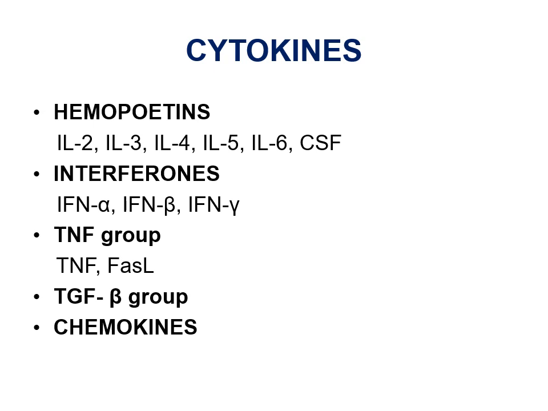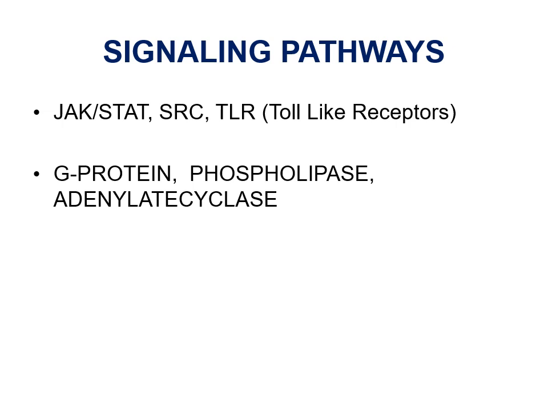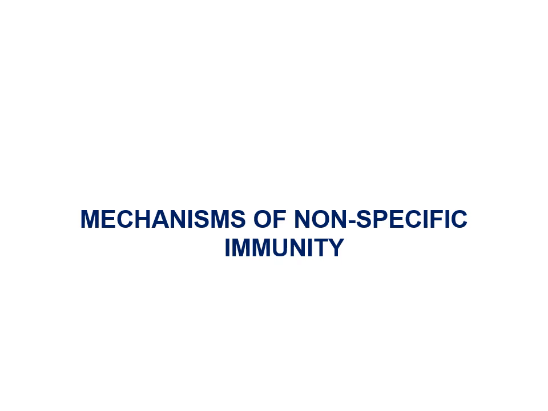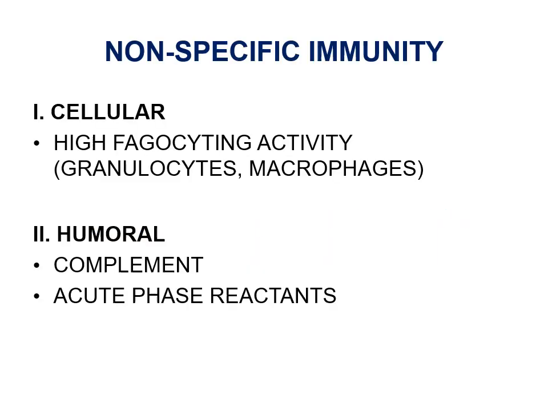Then interferons like interferon alpha, beta, gamma, tumor necrosis factor group like tumor necrosis factor and others, TGF beta, transforming growth factor beta group, and chemokines, which are actually attracting the molecules and sending the signal where they should go. Signaling pathways are JAK-STAT pathways and Toll-like receptors pathway, and usually they are coupled with G protein, phospholipase, and adenylyl cyclase. And here we have the basic mechanism of non-specific immunity.